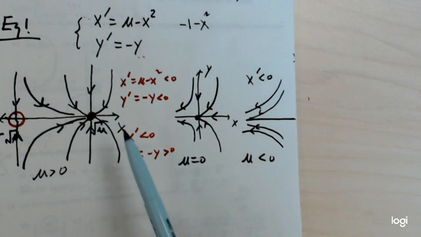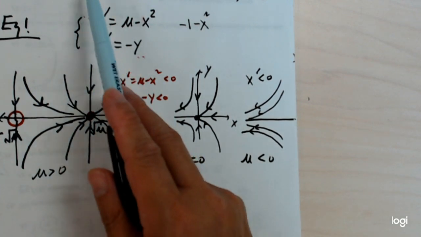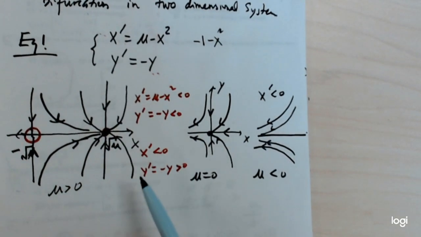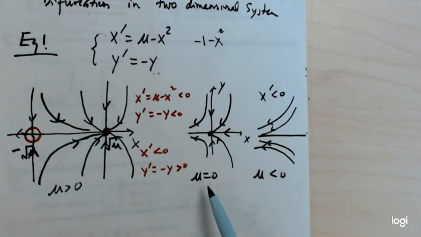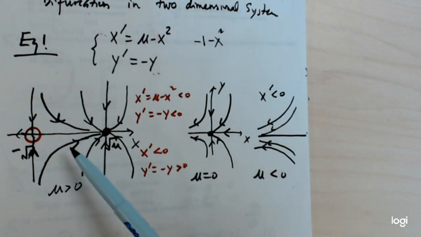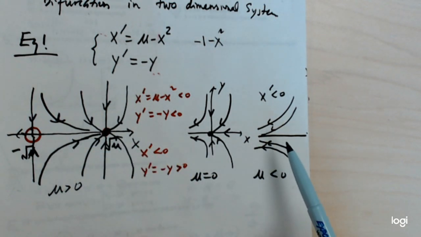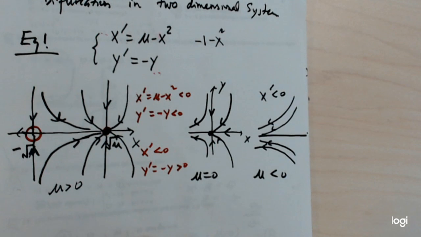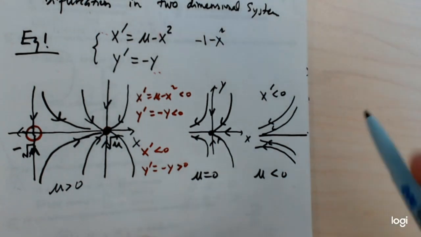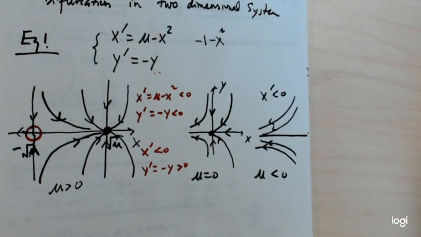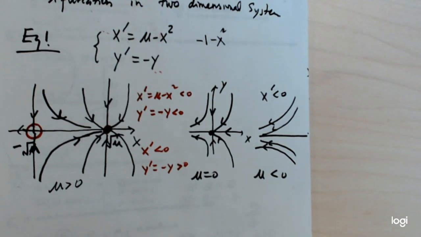So that's why we call this problem the prototype for saddle node bifurcation, because as mu crosses 0, depending on which way you look, you can say the equilibrium is being destroyed. If you go from the positive to the negative direction, there were two equilibriums, now there are none. So that's why we call this a saddle node bifurcation.